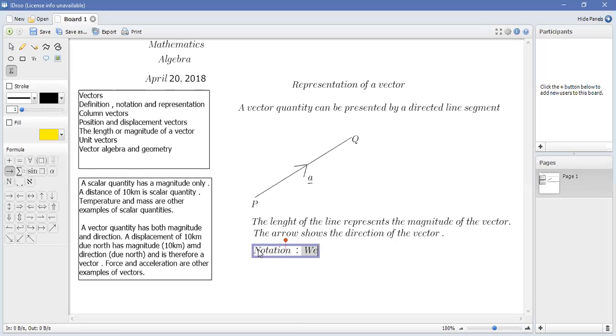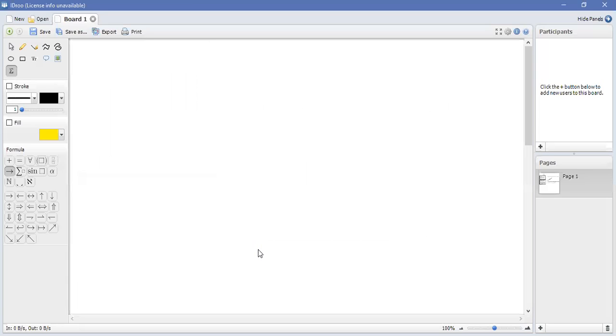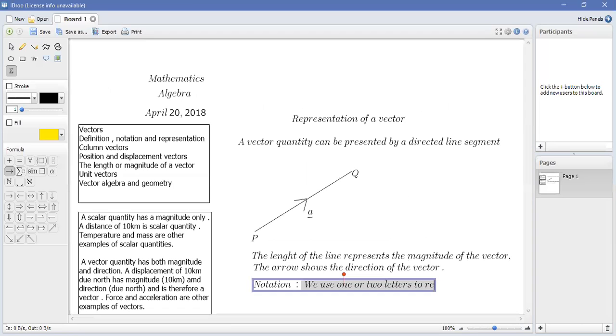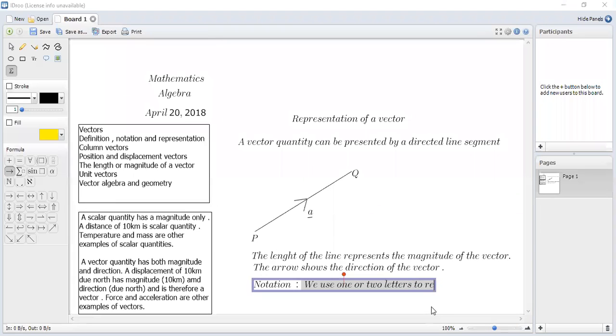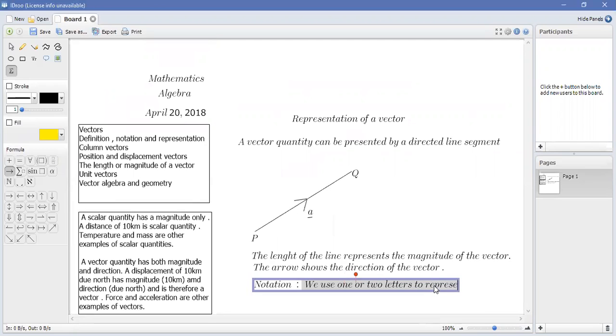It says we use one or two letters to represent a vector.